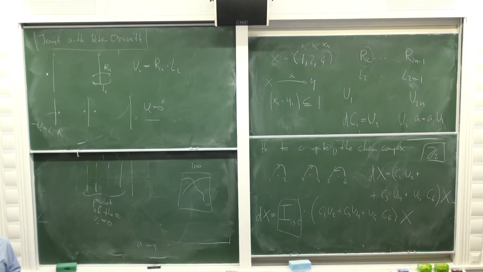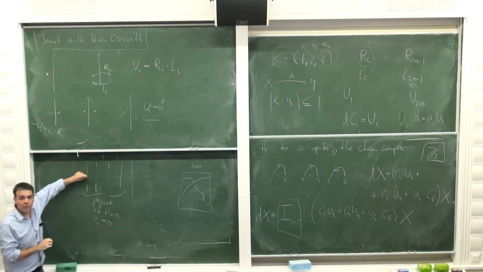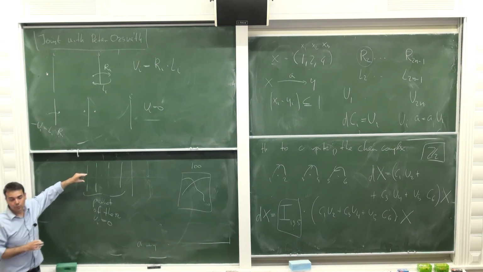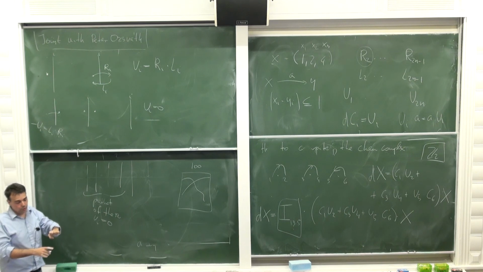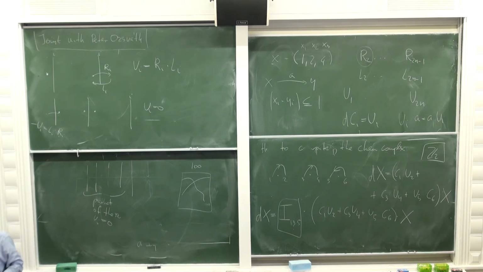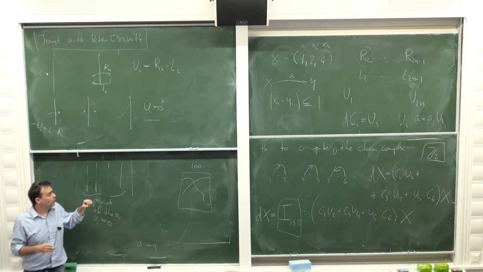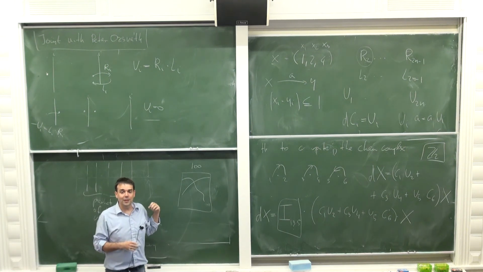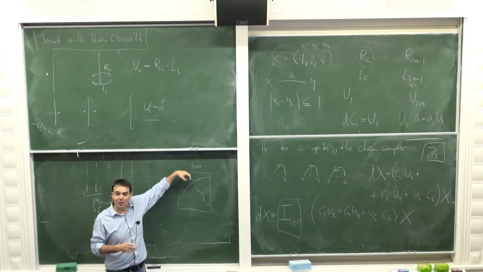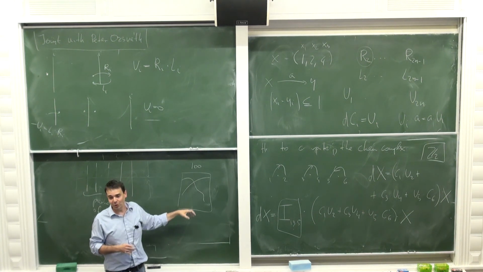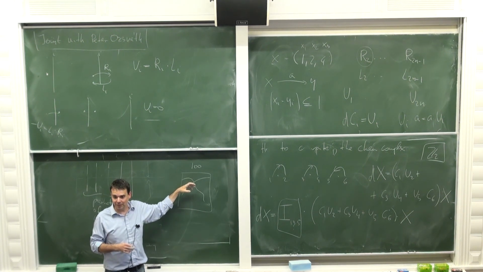Now, the bordered idea is, instead of doing that, just use very special degenerations and also perturb the diagonal. What that does is it forces the interesting intersections to be zero-dimensional on one side and 100-dimensional on the other side.